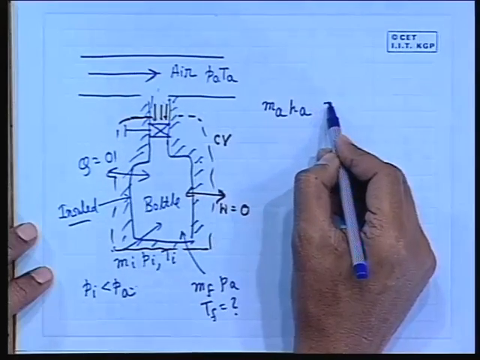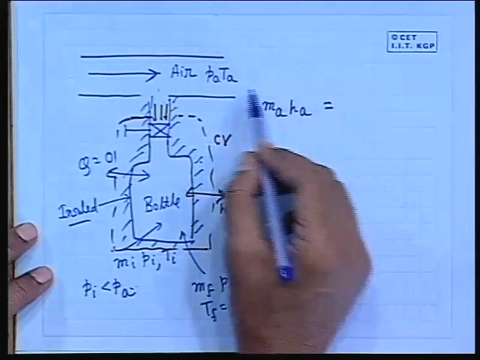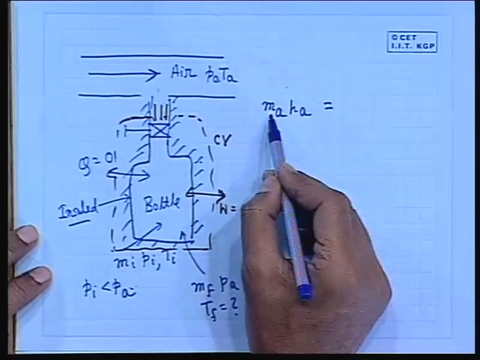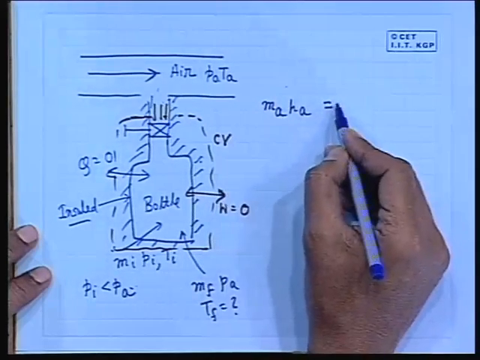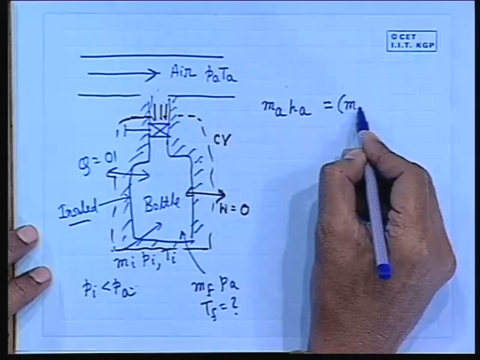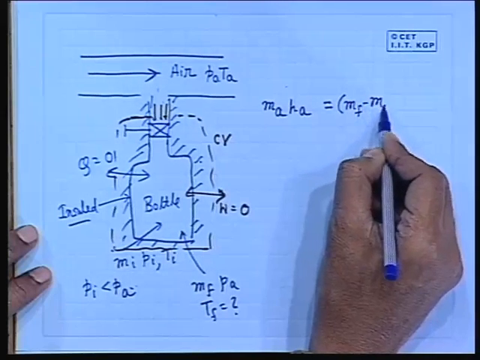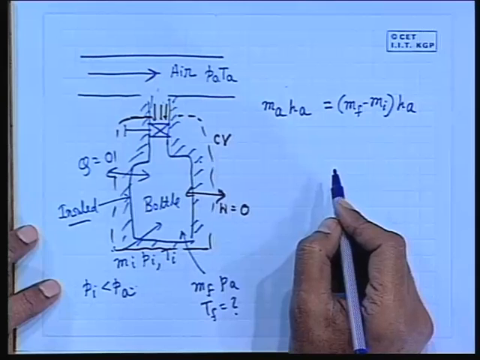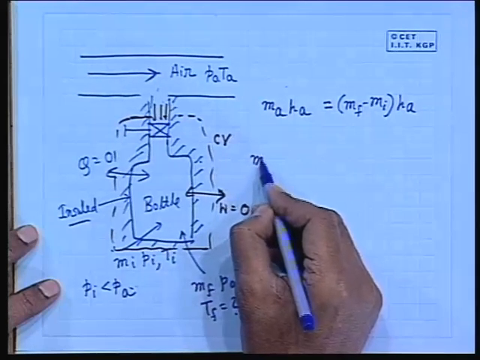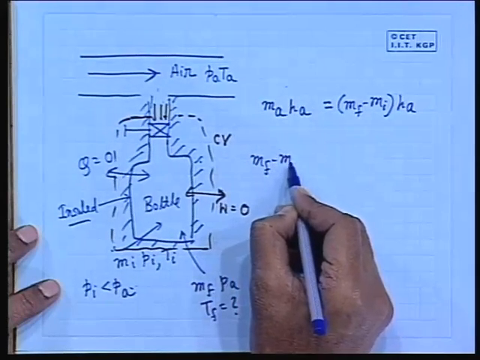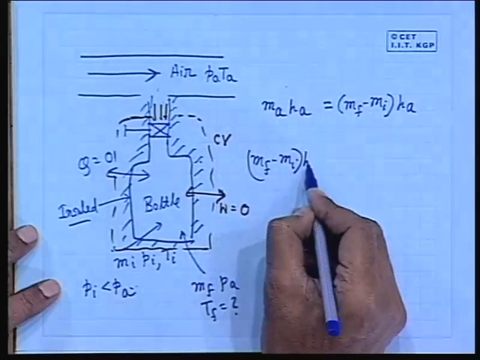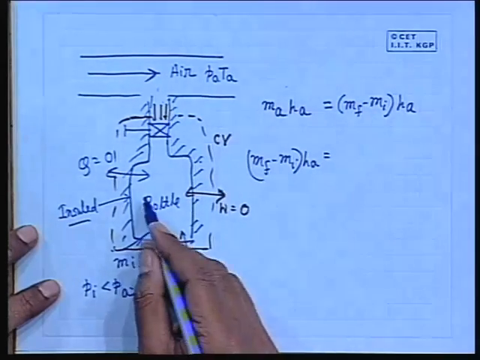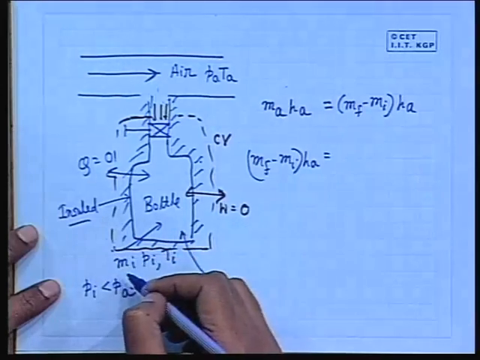That is the influx of energy to the control volume. And this mass will be equal to Mf minus Mi, obviously, simple mass balance. So Mf minus Mi into Ha will be equal to what? The change in the internal energy of the control volume.